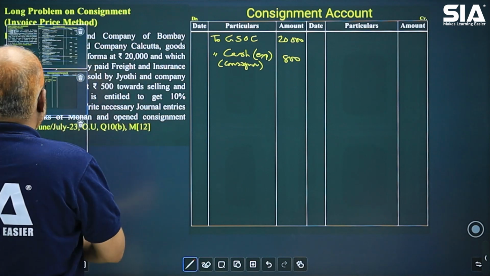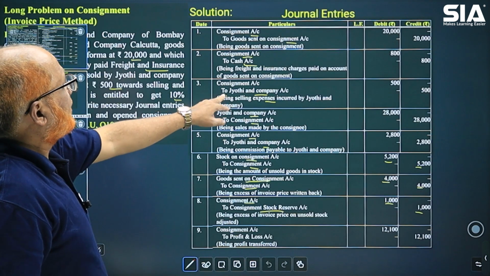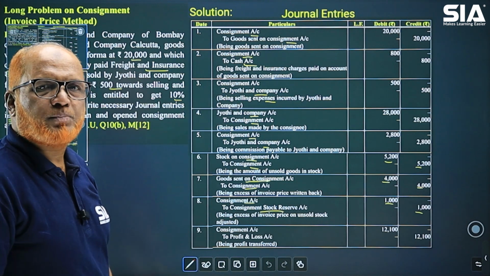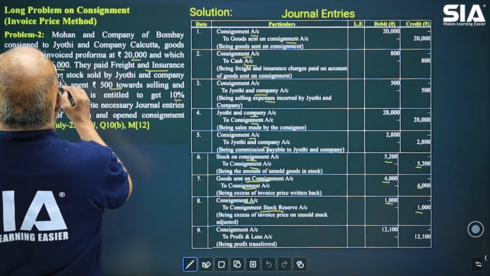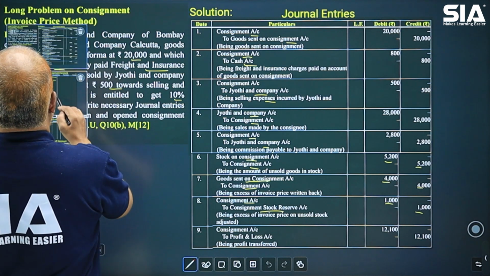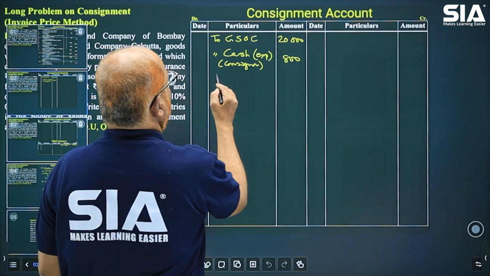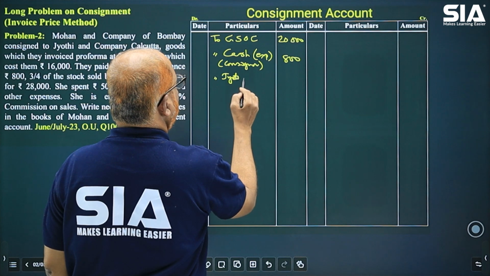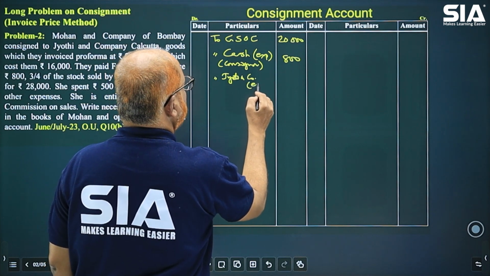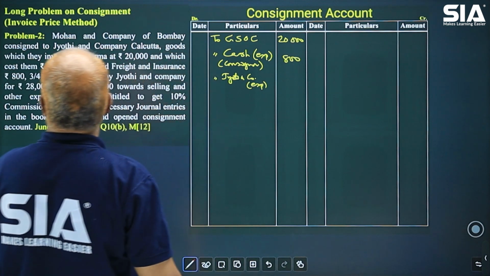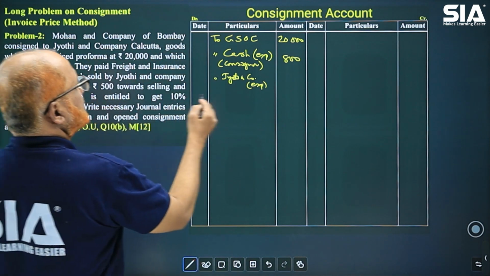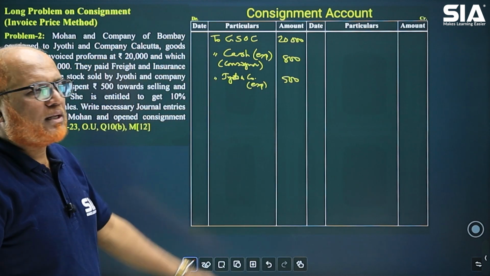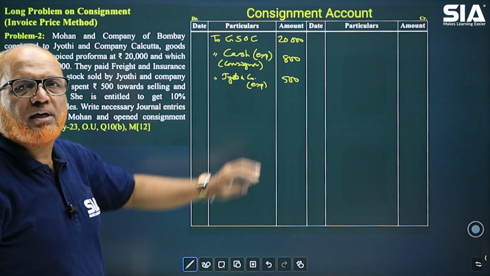What is the third entry? Consignment account debit to Jyoti and Company, expenses paid. How much are the expenses paid? 500. So consignment account debit, Jyoti and Company credit.